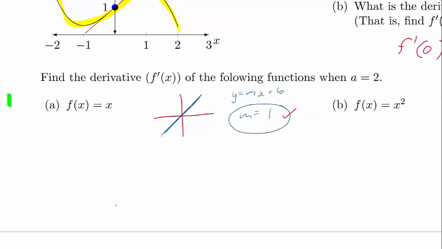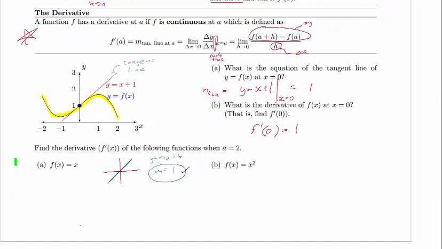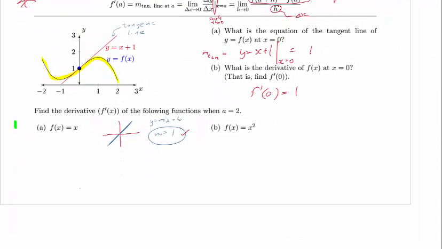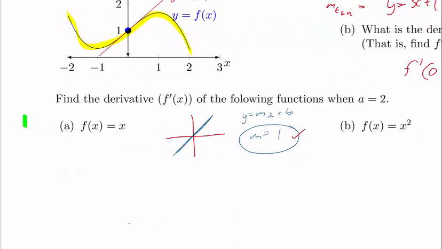Alright, so the first thing we want to do is get our formula going. Again, we're using this formula up here. And so we're going to have f prime at 2, because we're using this value here. f prime of 2 equals the limit as h goes to 0 of f of 2 plus h minus f of 2, all divided by h.